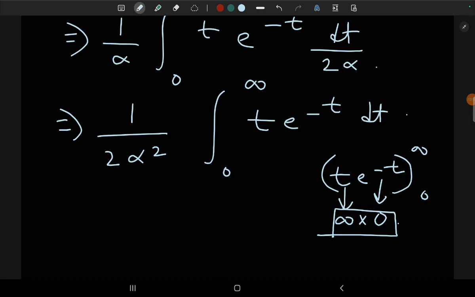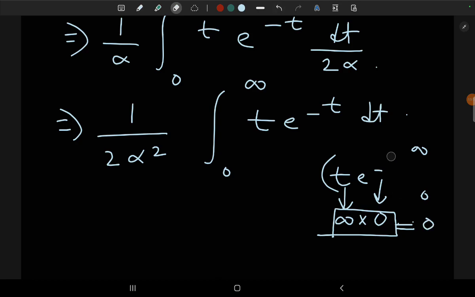We cannot write down 0 into infinity directly, right? So this is a problem right here. Eventually we will realize that 0 into infinity will equal 0, but there is no direct way to write it.